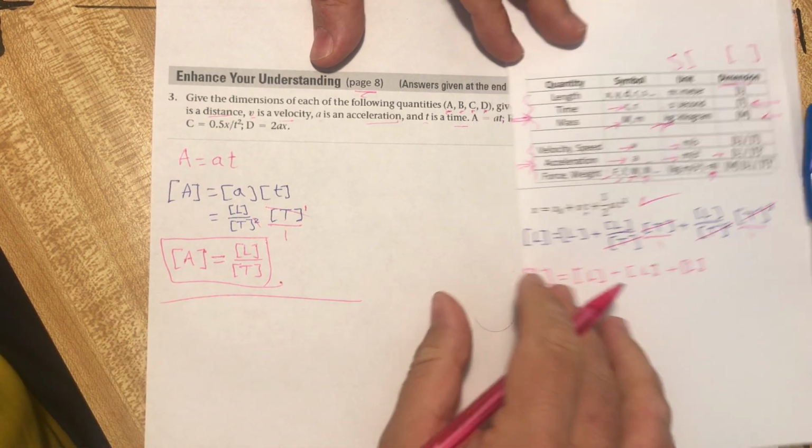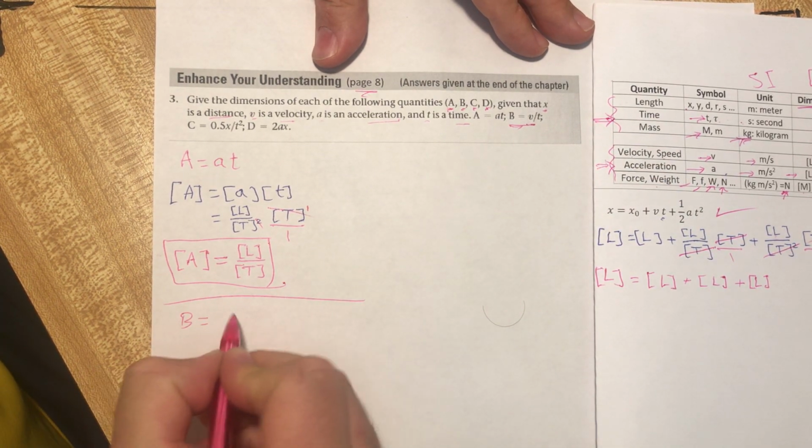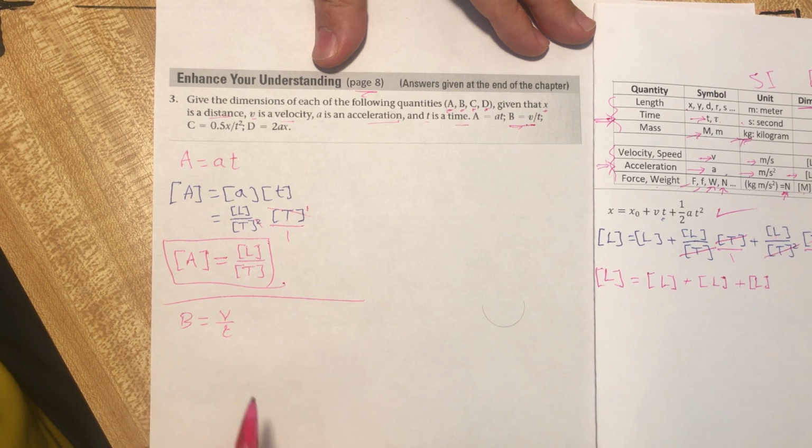What about the second given equation, which is B is equal to V over T?